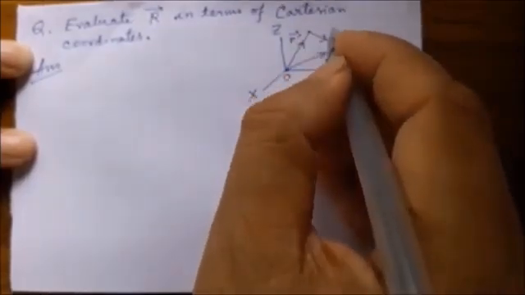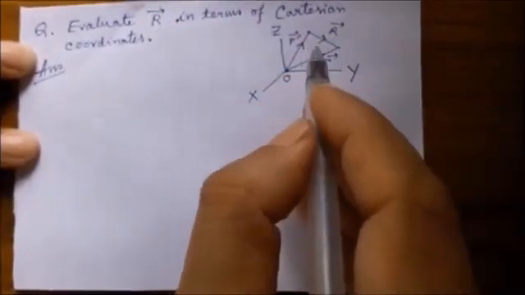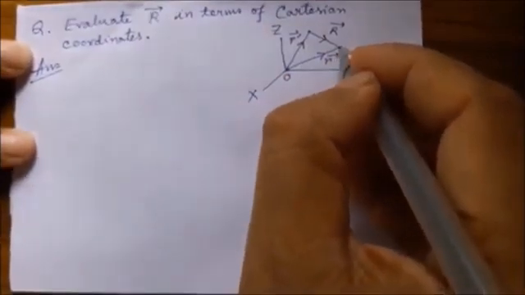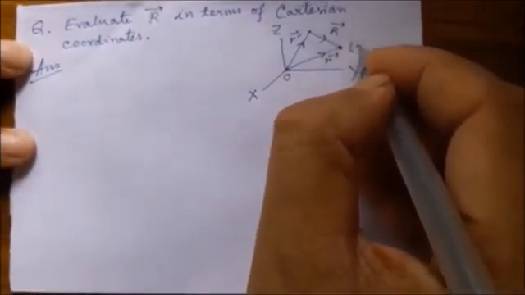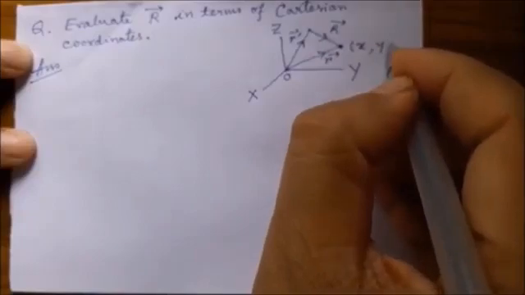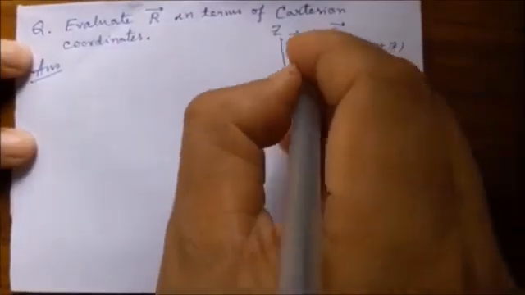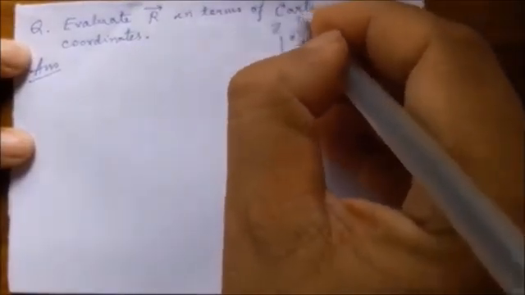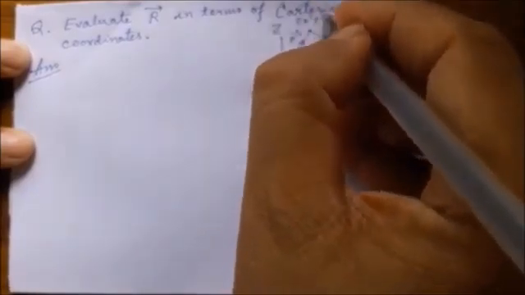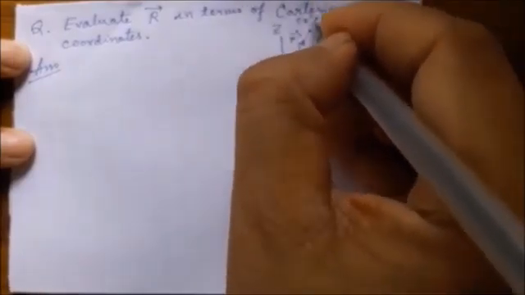Then this is capital vector R. It is directed towards the field point. So this is the field point and it has coordinates x, y and z, while this one is the source point which has coordinates x prime, y prime, z prime.